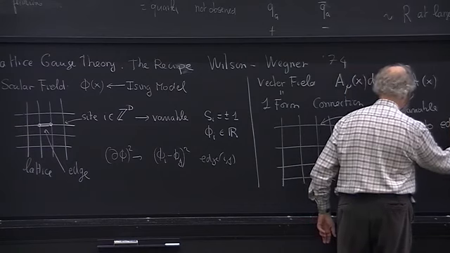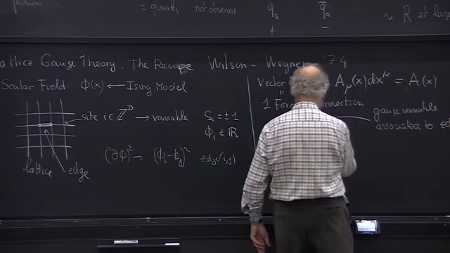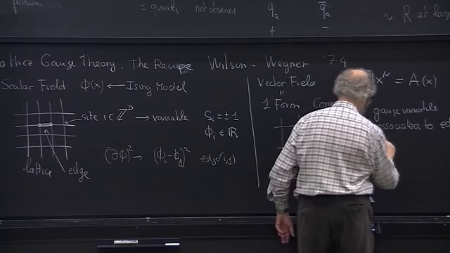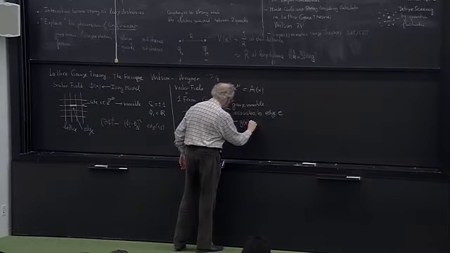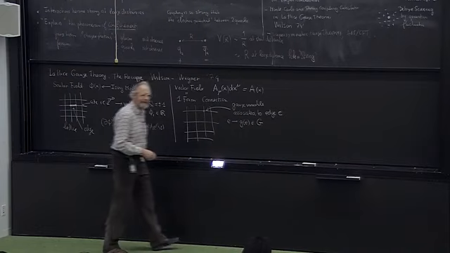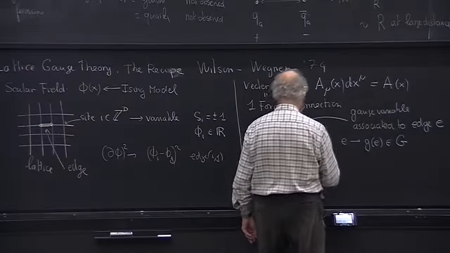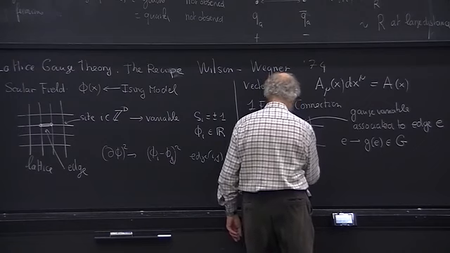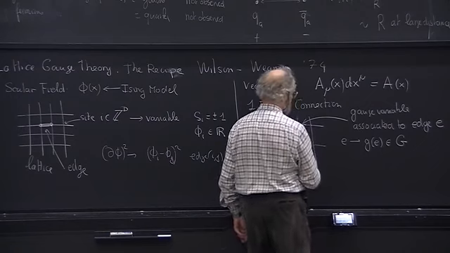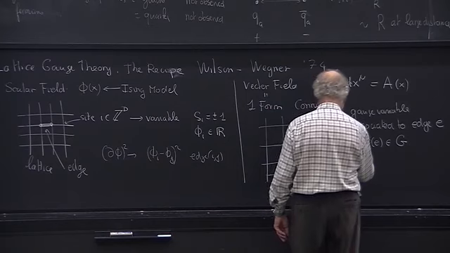An edge, E. So to each edge E here, you associate a variable G of E, which is an element of the gauge group. So it's a matrix. And strictly speaking, the edge is oriented. So it's an oriented edge.